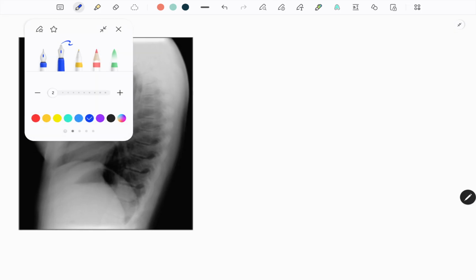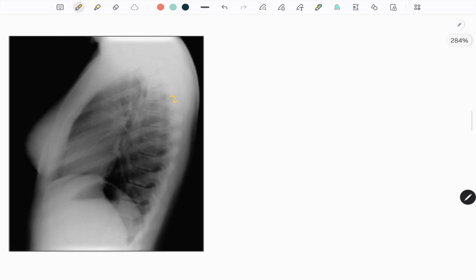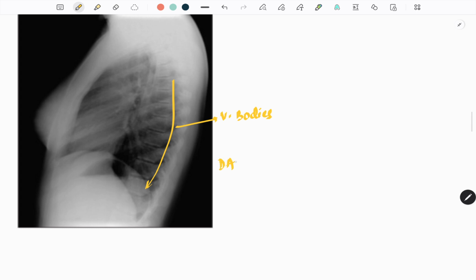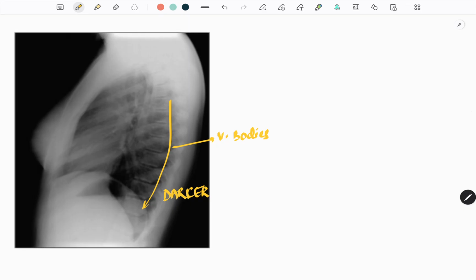Now we'll see the proper X-ray. As we can see, vertebral bodies are appearing darker as we are moving downwards. Then retrosternal lucency.